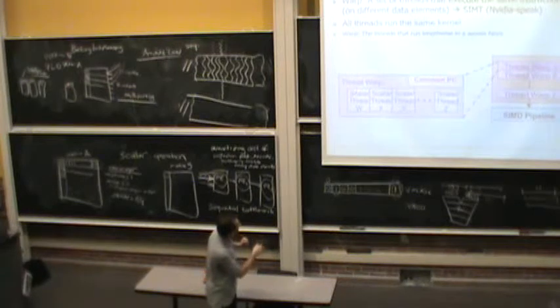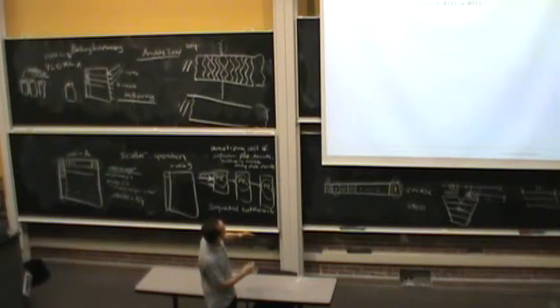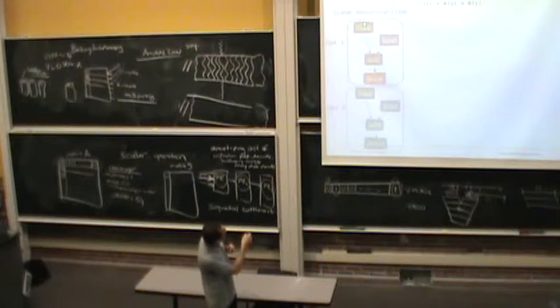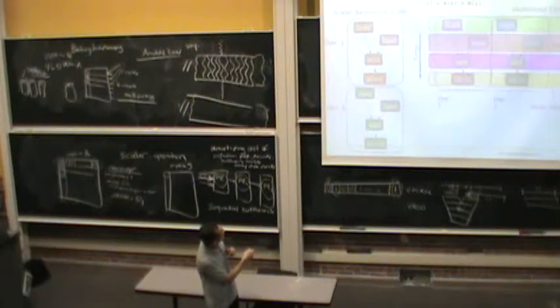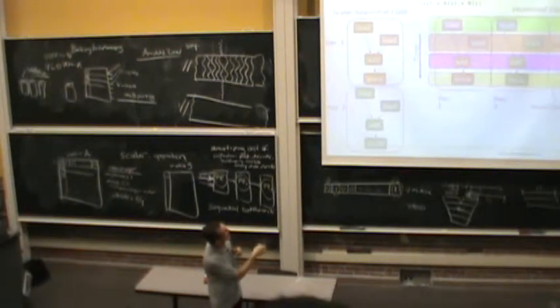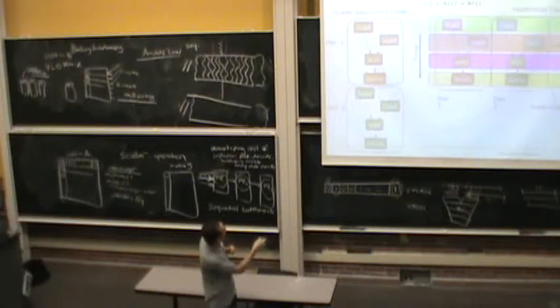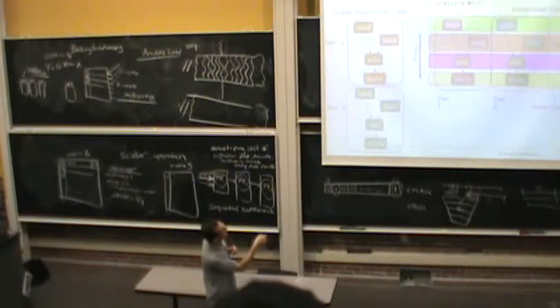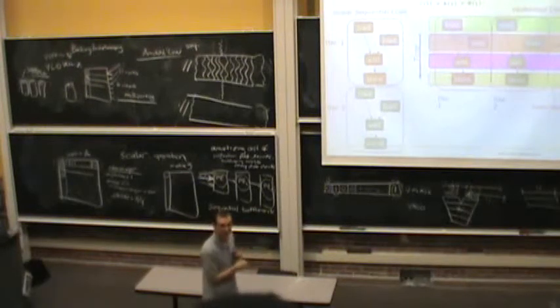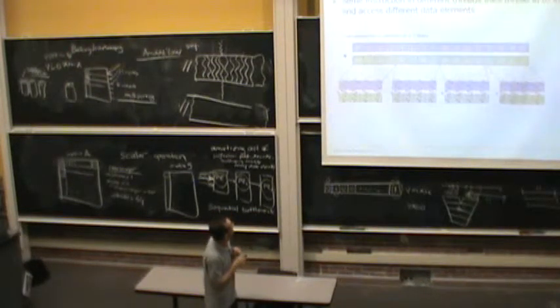So these threads do different operations. Actually, let me get back to this. Essentially, these threads do different operations over time, but they do the same operation on different data elements at the same time. So the programmer needs to supply this, and the hardware executes different threads in parallel in a single instruction, multiple data fashion.